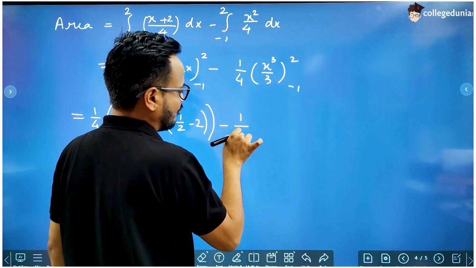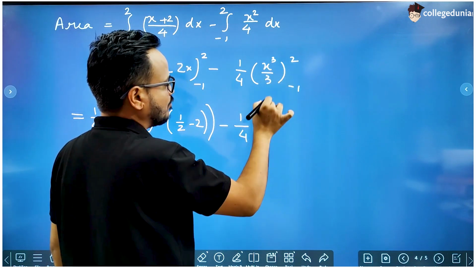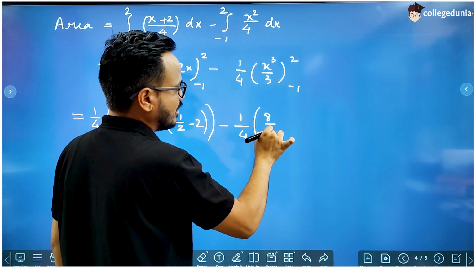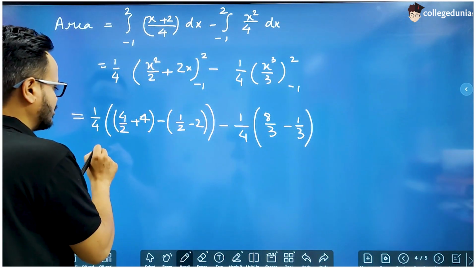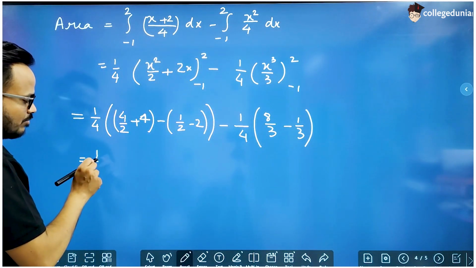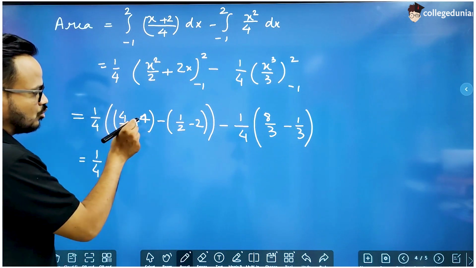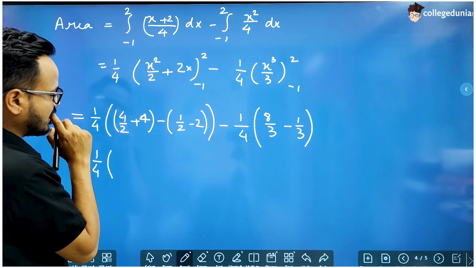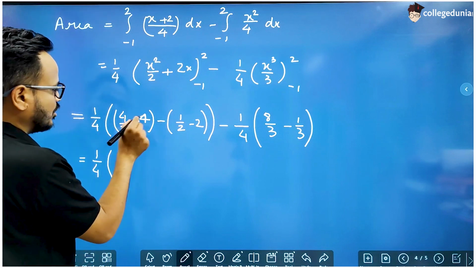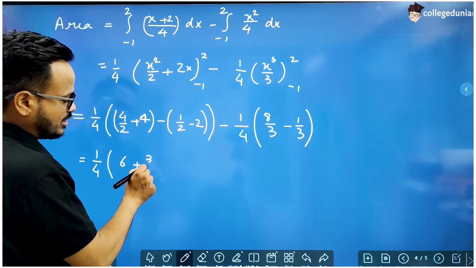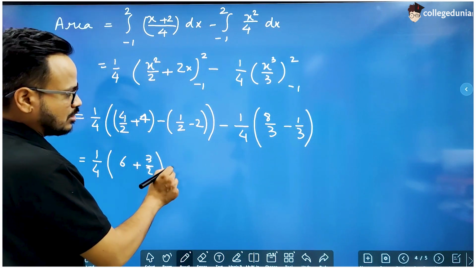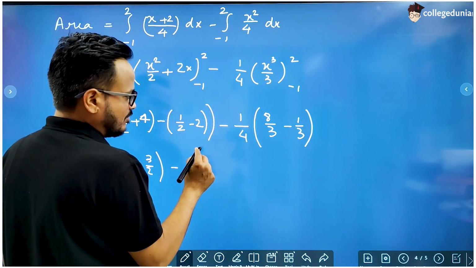So -1 square by 2 is 1 by 2, minus 2, minus 1 by 4. First I'll put 2, so it is 8 by 3, then I'll put -1, so this is -1 by 3. So 1 by 4, 2 plus 4 is 6, plus 1 by 2, minus 8 minus 1 is 7 by 3.